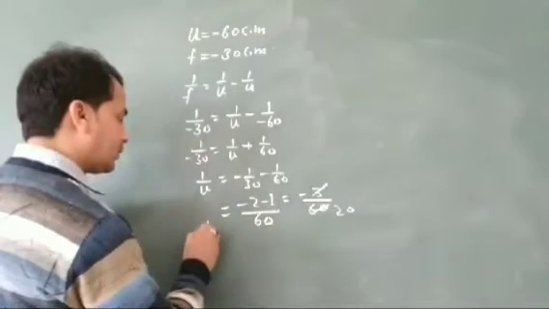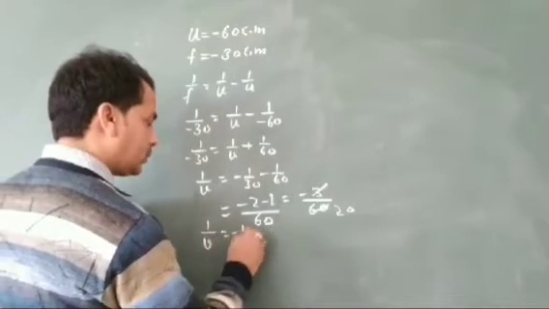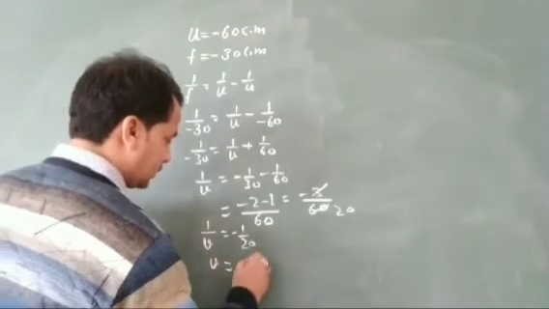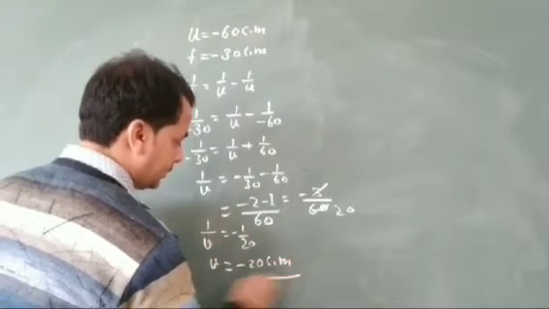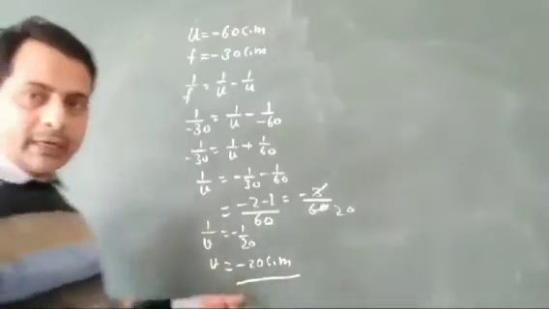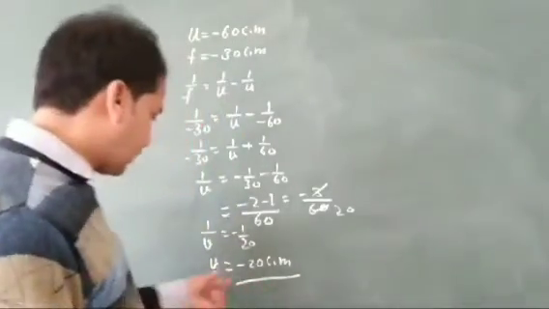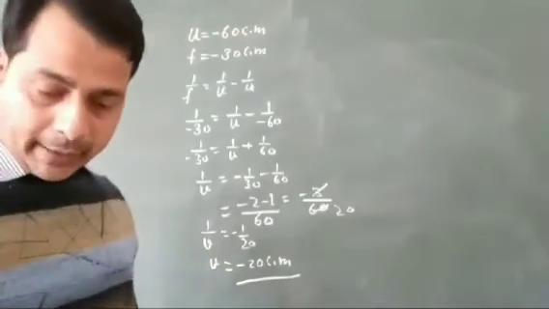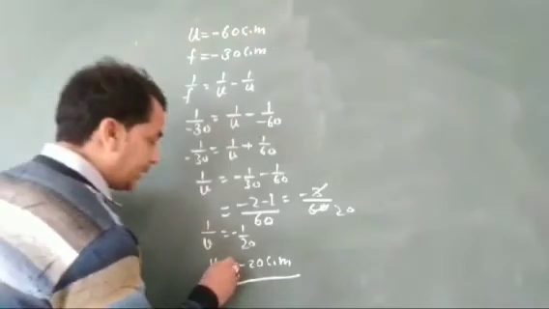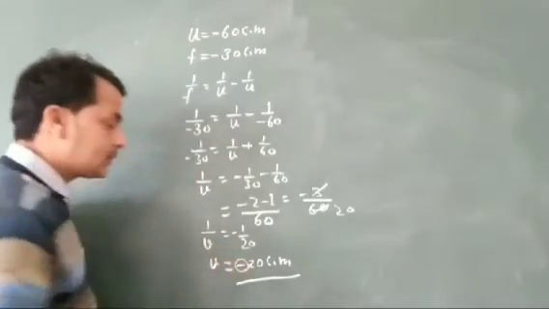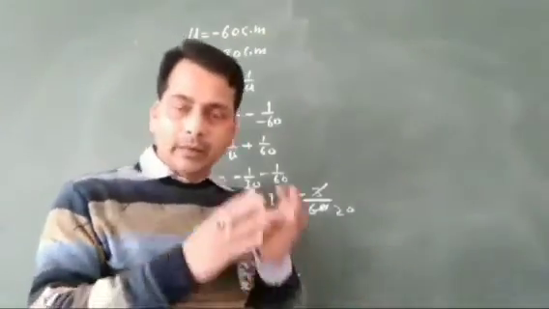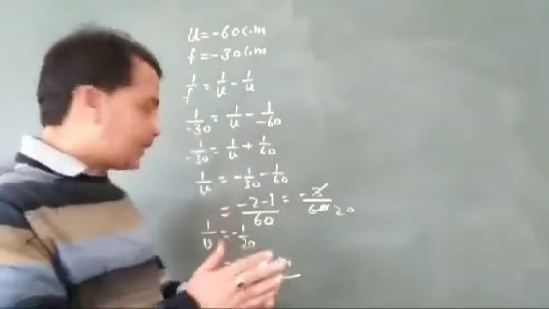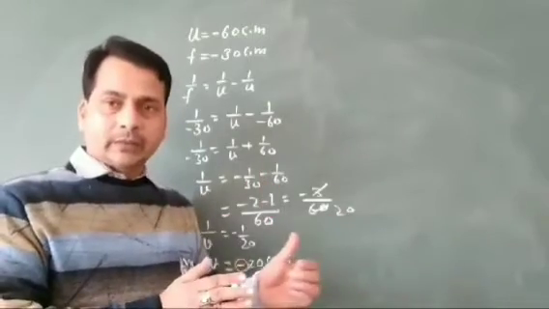Then 1 by V equal to minus 1 by 20 and V equal to minus 20 centimeter. So the position of the image is minus 20 centimeter, and the negative sign indicates the image is formed on the same side as the object.